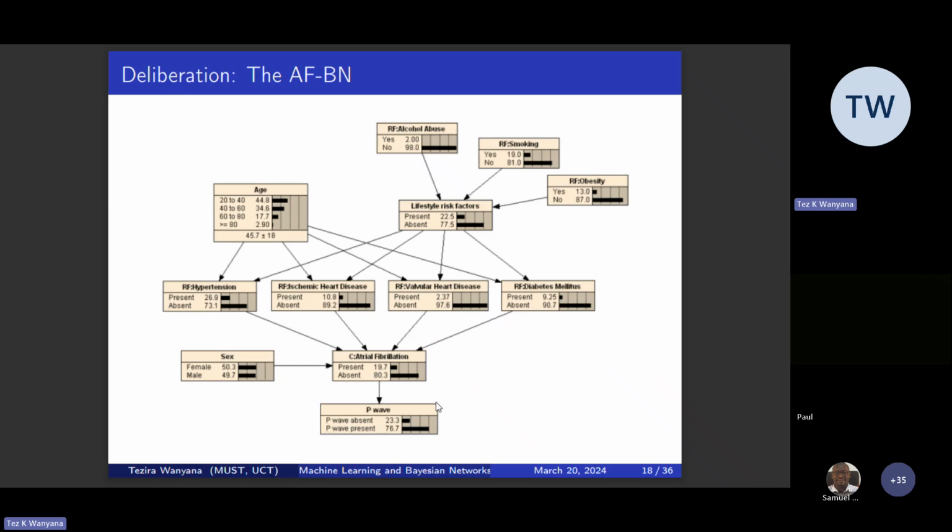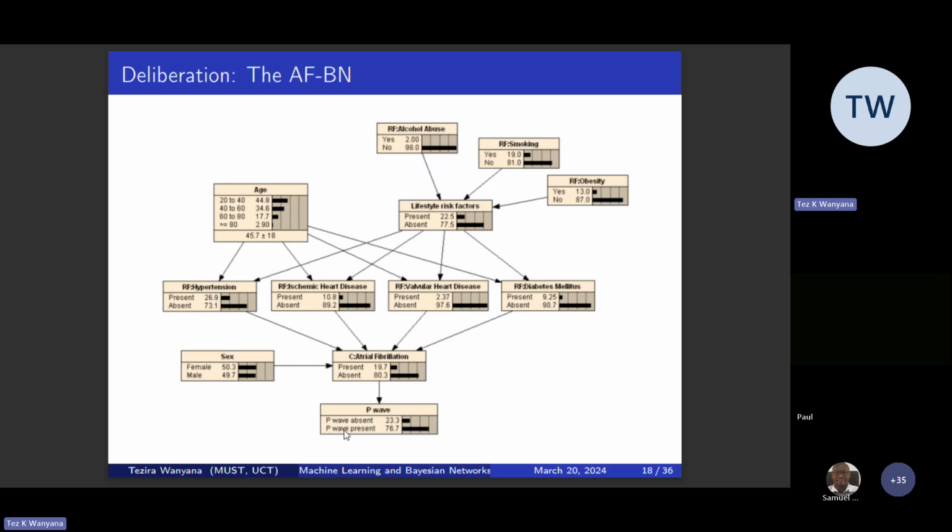For a node that does not have a parent, we shall only have the prior probabilities. But if a node has a parent, then the probabilities will be influenced by the parent node, and that's why they're called conditional probabilities. In a case where we have evidence, and by evidence we mean we are 100% certain that something has occurred, we put the evidence in the network.